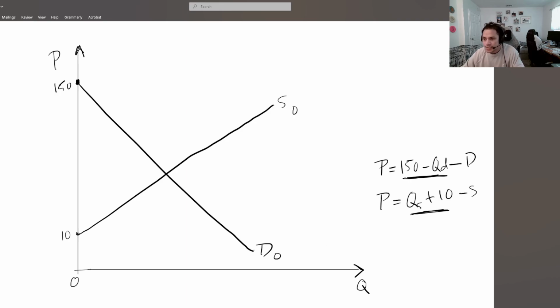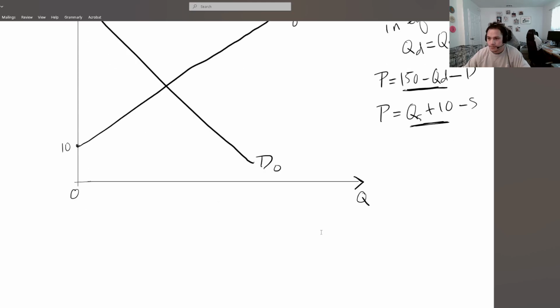One thing to note is that in equilibrium, our quantity demanded is equal to quantity supplied, and so as I'm doing this, I can drop the subscripts because these are going to be equal in equilibrium.